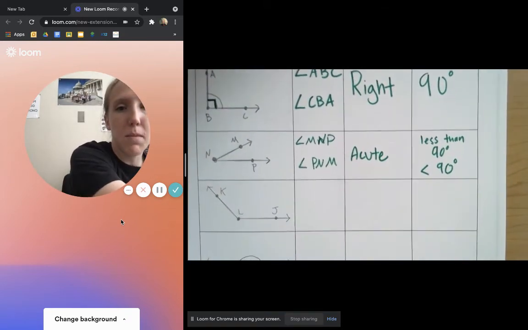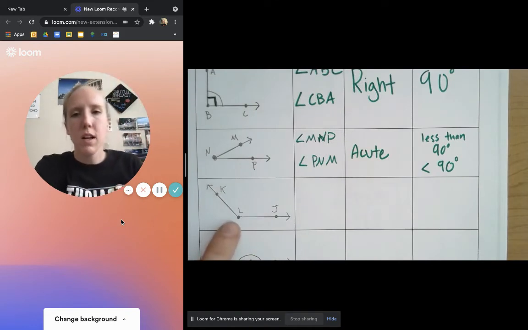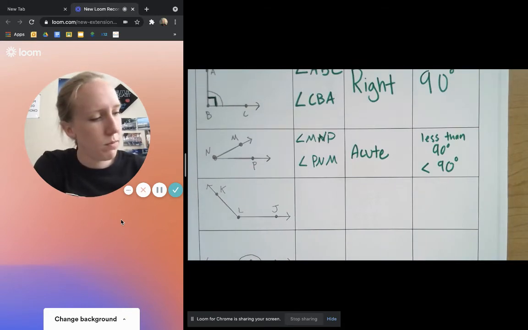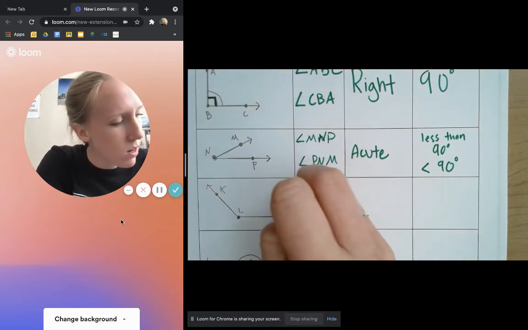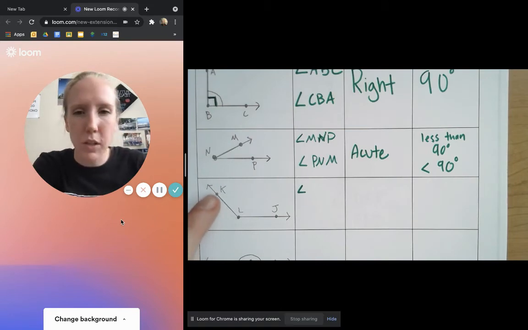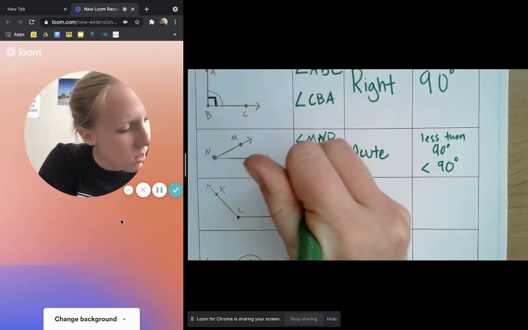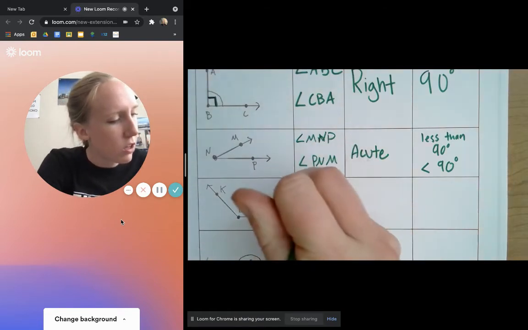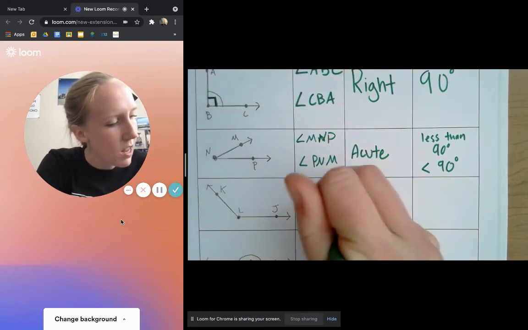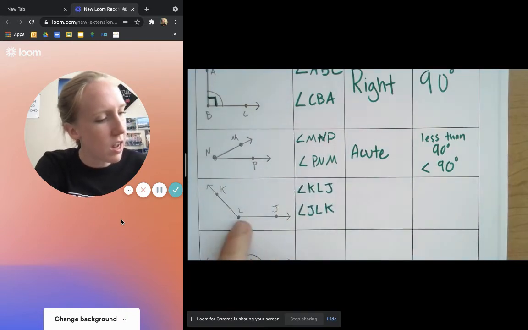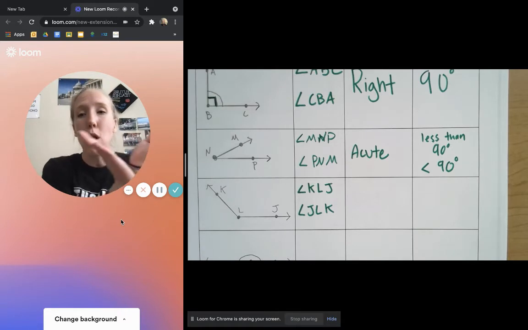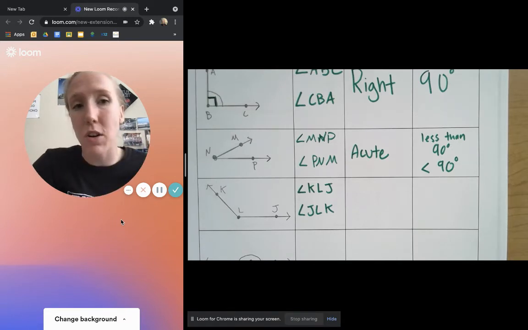Take a second to think about what this one is. How is this open? And what might you name this angle? If I was going to name it, I would say, okay, I'm starting at K, going to L and then J: K, L, J. I could also go J, L, K. That is open wider than a 90-degree angle, than a right angle.